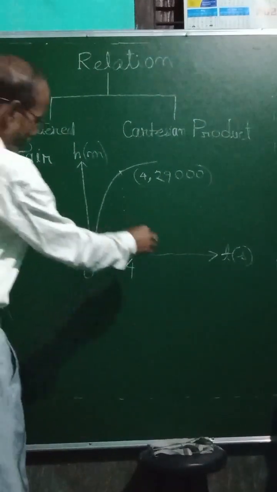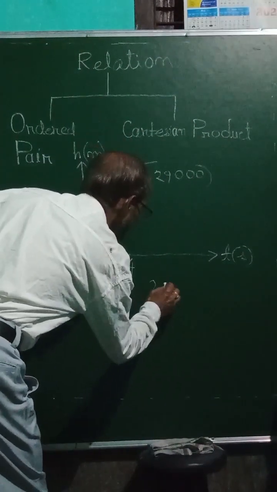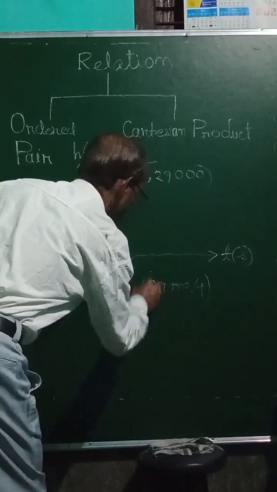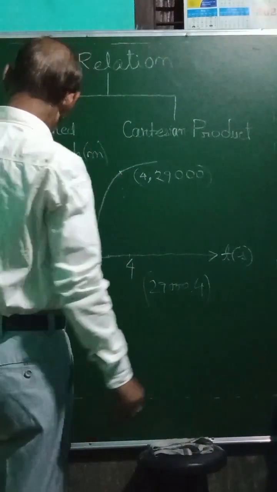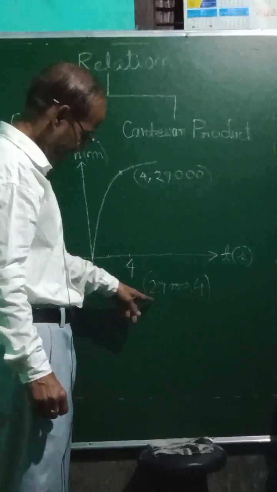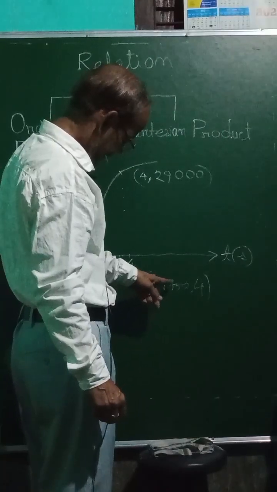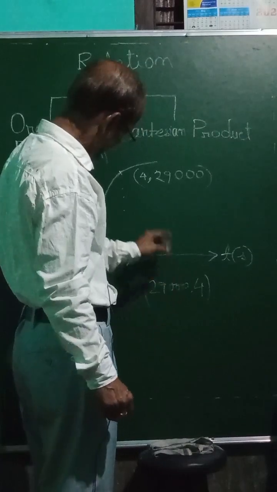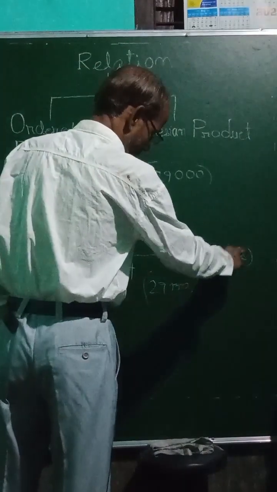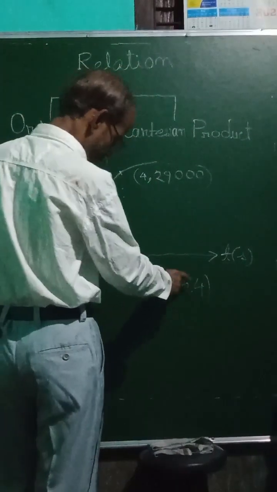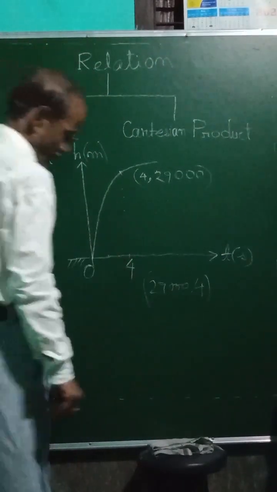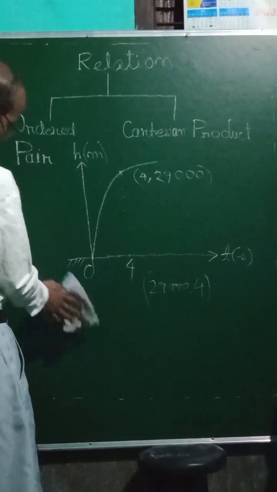Now if somebody writes (29,000, 4), then according to the system of ordered pairs, somebody will read it as: after 29,000 seconds, the satellite is still at a height of 4 meters from the ground level, near about after 8 hours. So is it possible in practice? Never possible. So this is the importance of ordered pairs.